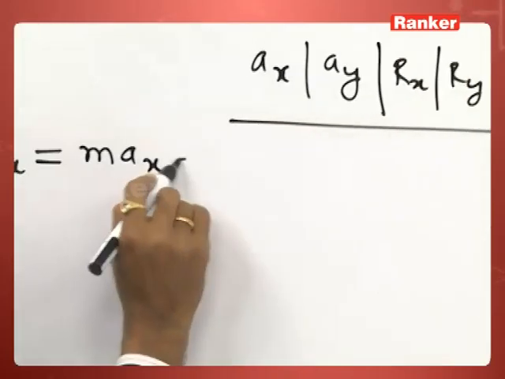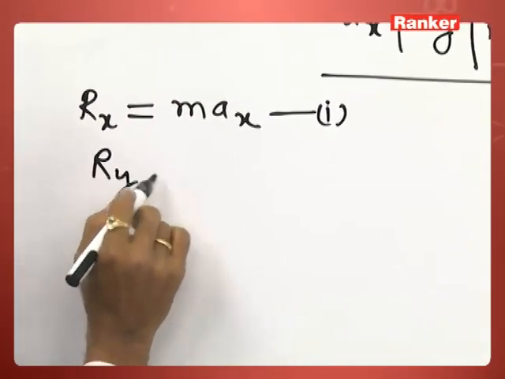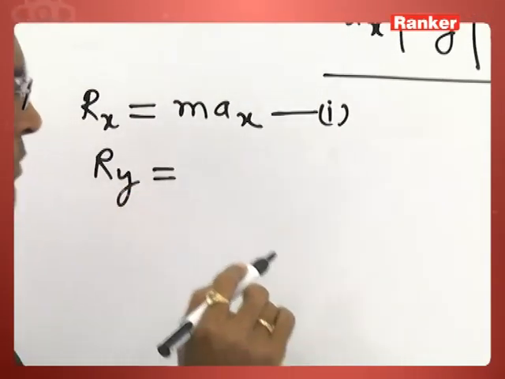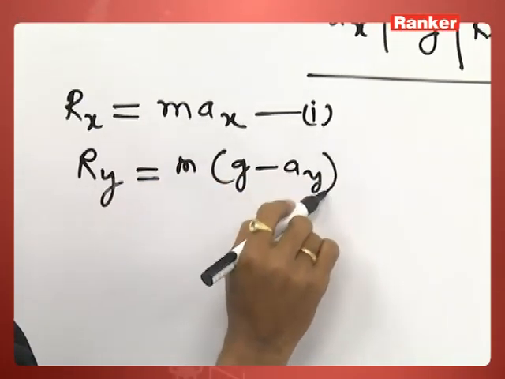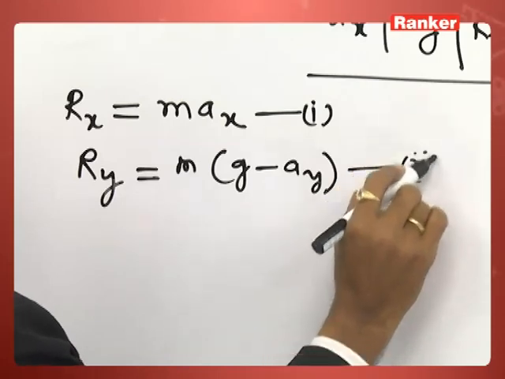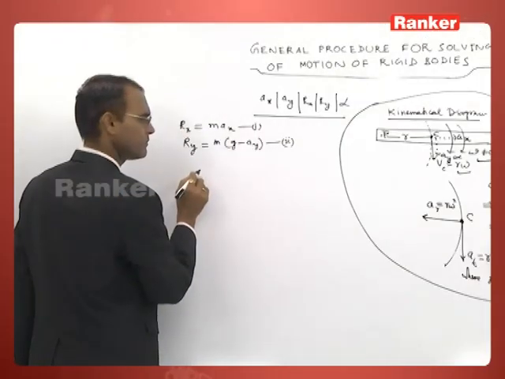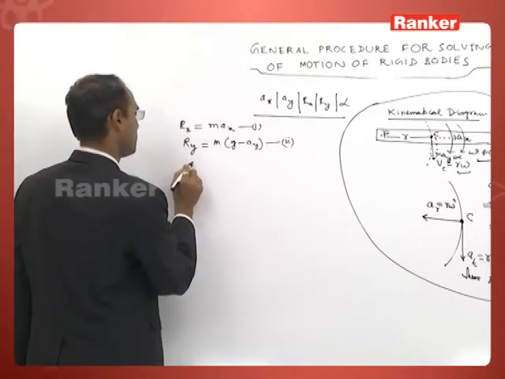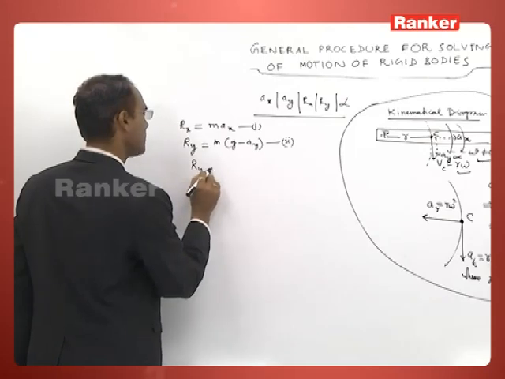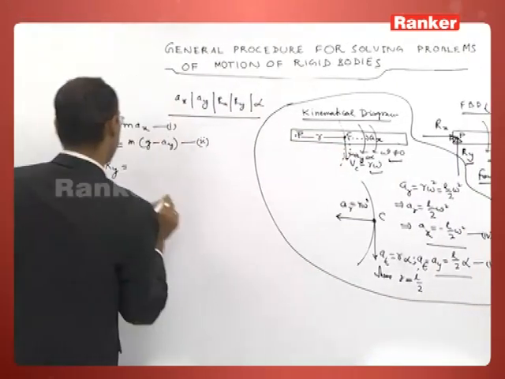Equation number 2, Ry is equal to m g minus ay. Equation number 3, Ry is equal to ml by 6 into alpha.